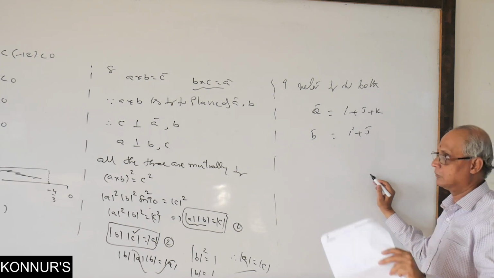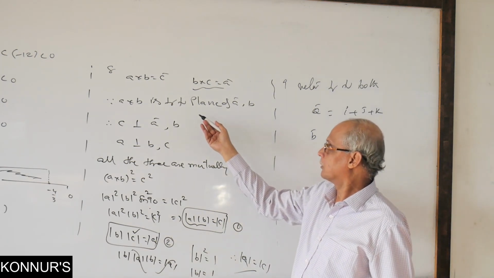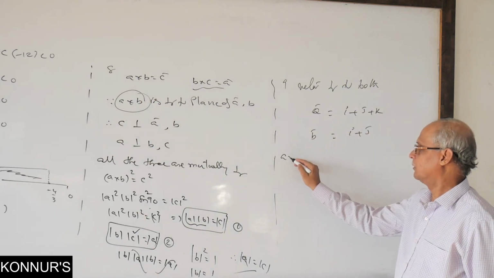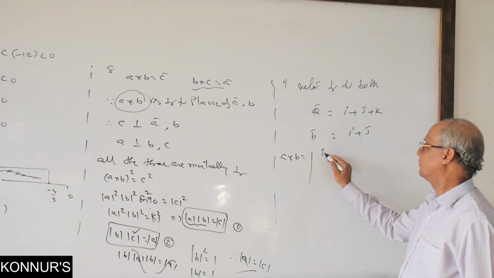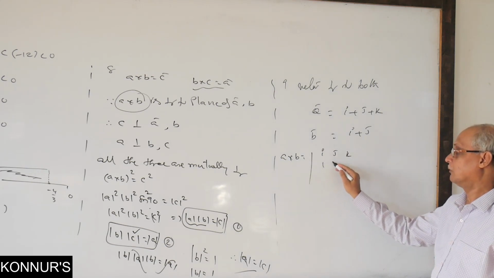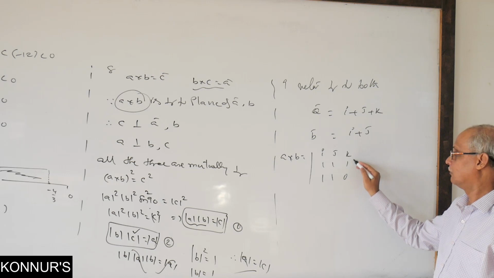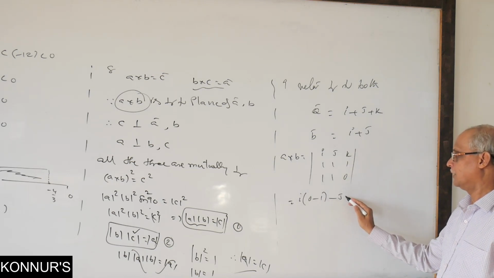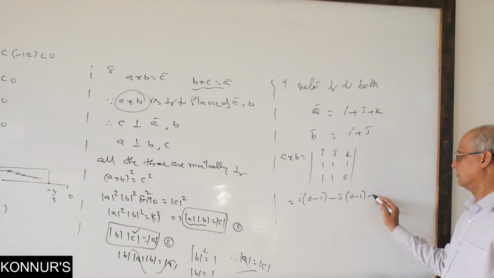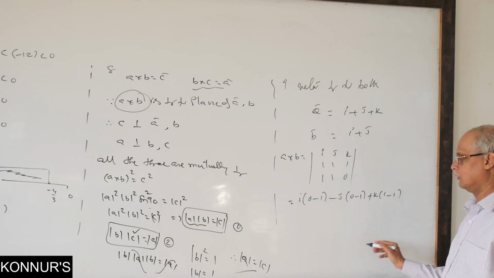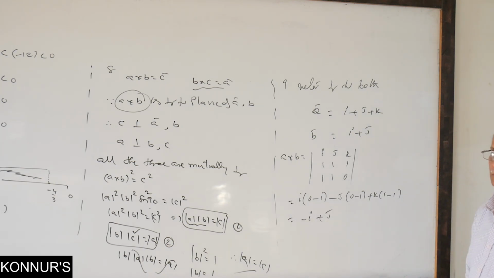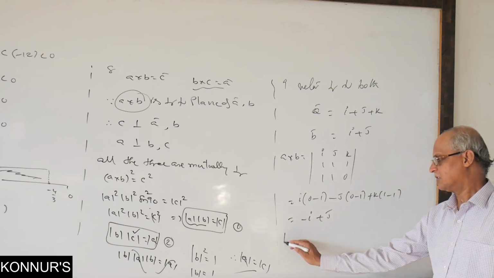Any vector perpendicular to A and B is A cross B. So find A cross B. Determinant of i, j, k; 1, 1, 1; 1, 1, 0. Expand: i into 0 minus 1, minus j into 0 minus 1, k into 1 minus 1. And therefore minus i plus j. Answer is finished.